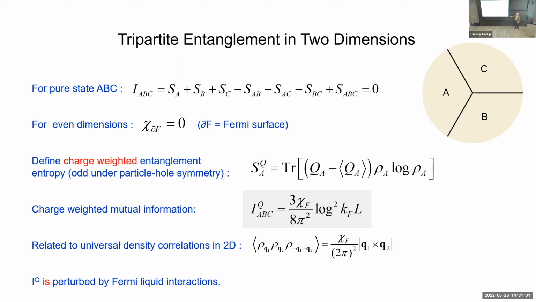Basically because some of the bubbles that we calculate are different because they involve this Q rather than the Q's from this. And so the upshot is that this charge-weighted mutual information is not as robust as what we had in 1 and 3 dimensions.